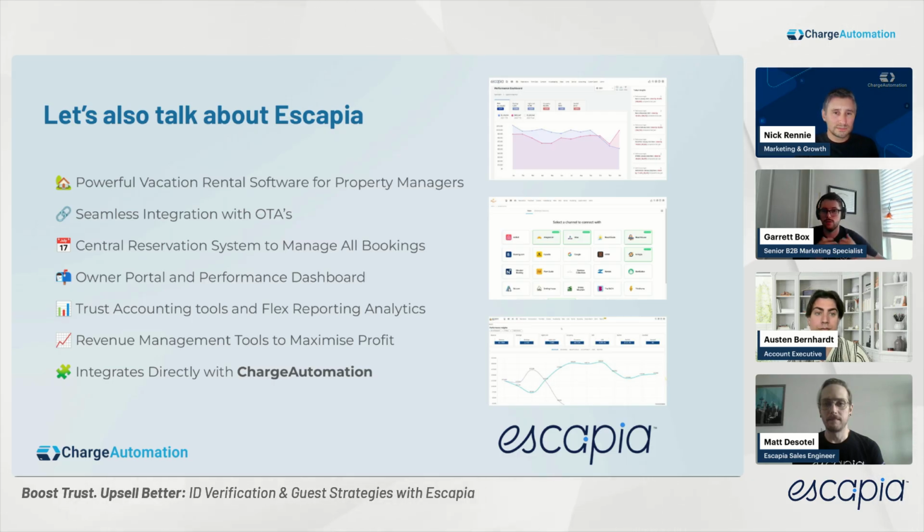Stuff like new mobile-first guest guides, an extremely powerful flex reporting tool, as well as market rates and dynamic pricing and all sorts of goodies. We have this seamless integration with a lot of OTAs as well: Vrbo, Airbnb, Booking.com, lots of different areas. So these are places where you can use what you learn today to get a lot out of your revenue and your bookings.